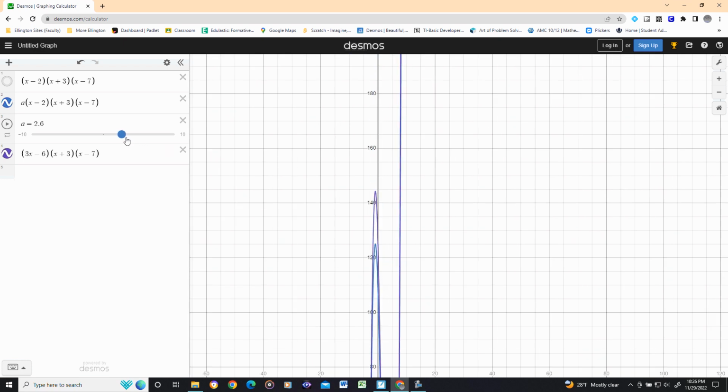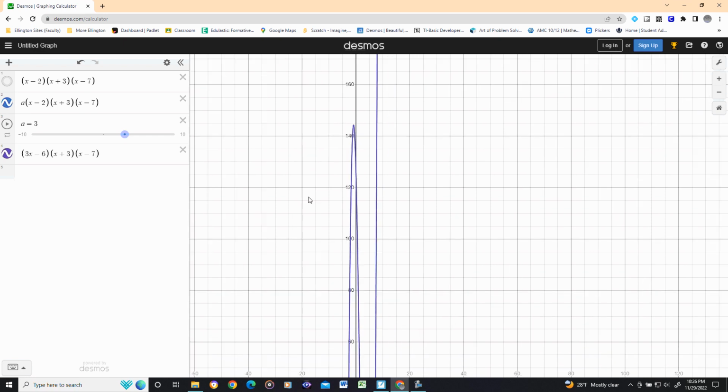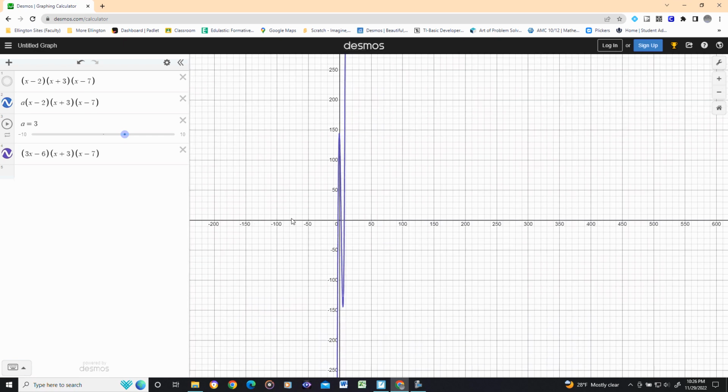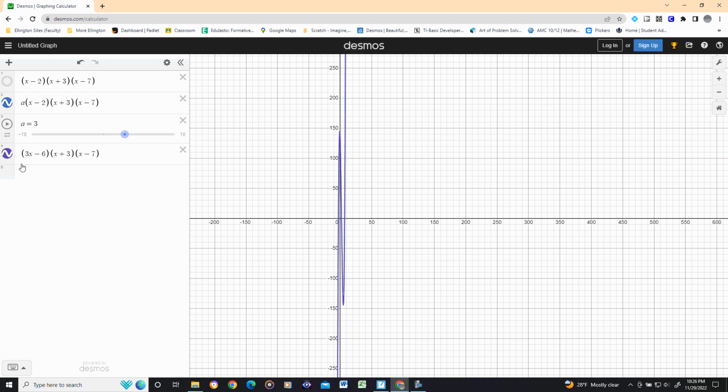It kind of does. So right here you can tell, 2.8, 2.93. Okay, so if A is 3, the two graphs are exactly identical. And so if I factor out the 3 and I get 3 times x minus 2, then yeah, I get exactly the same graph. So graphs with the same x-intercepts will tend to behave very, very similar to one another.